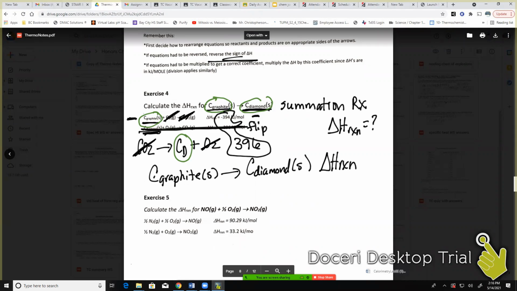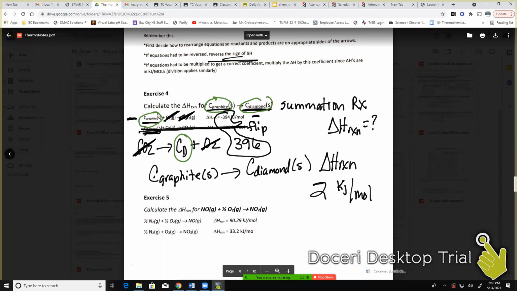Negative 394 plus, it ends up being a positive 2. And the units are the same as they are there, kilojoules per mole. Neither one of those numbers had any places behind the decimal, so when I add them, there would not be any places behind the decimal.